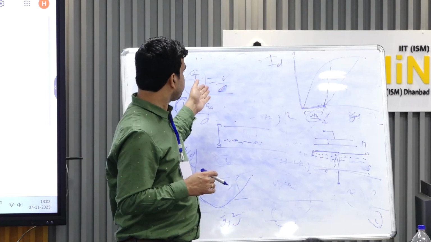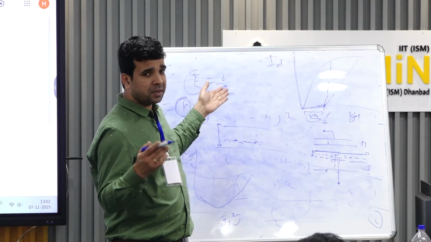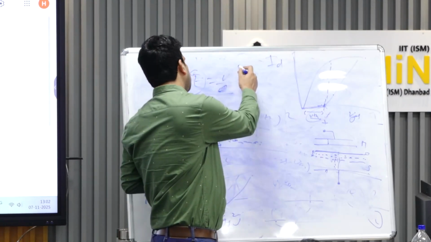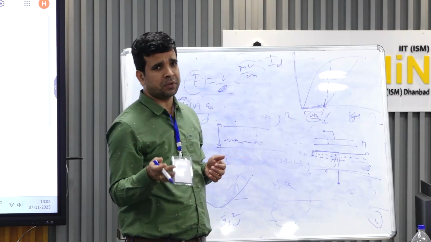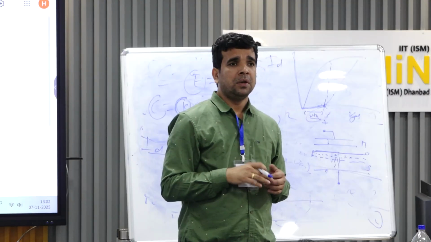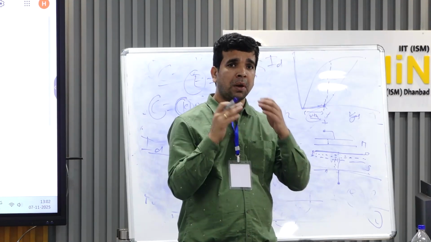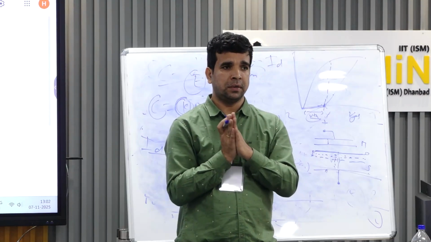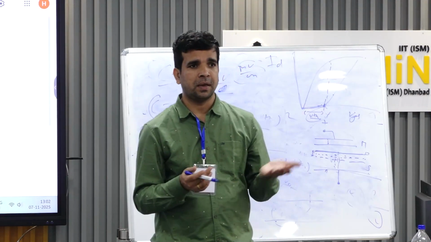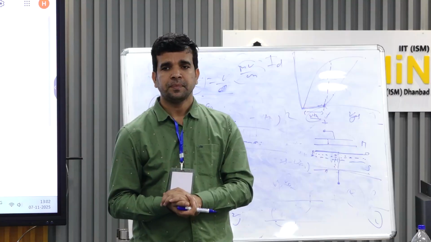For silicon, I think the breakdown field is some megavolt per centimeter, something like that. So in this range, your field always has to be lesser than its bond breaking field. Otherwise, the bond will break and your device will fail.